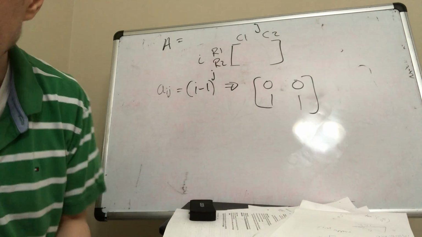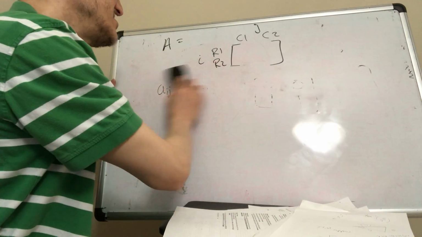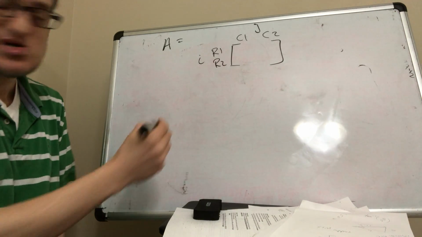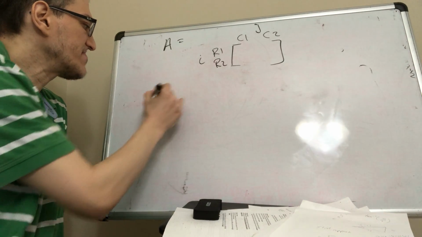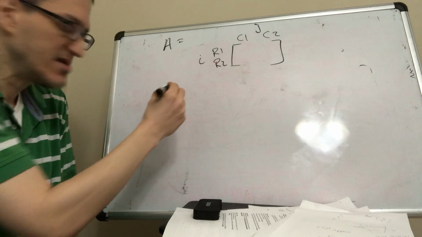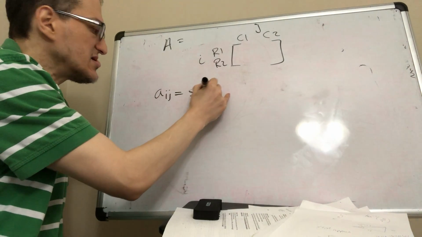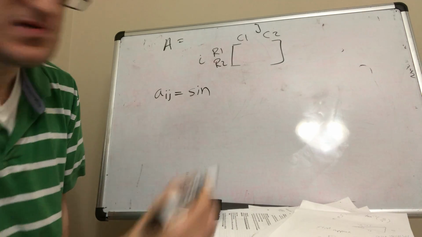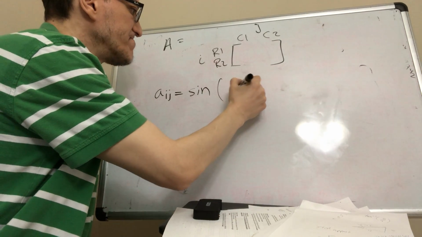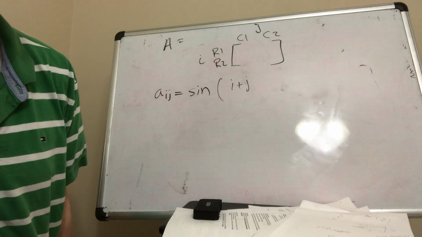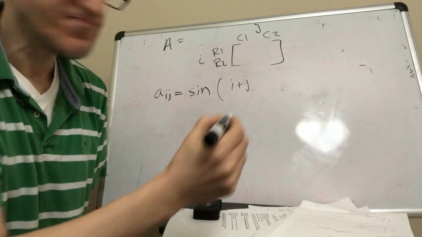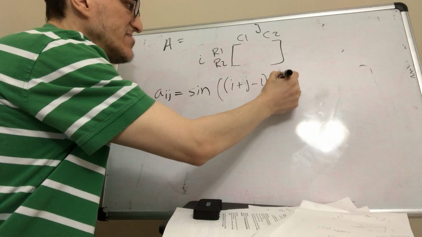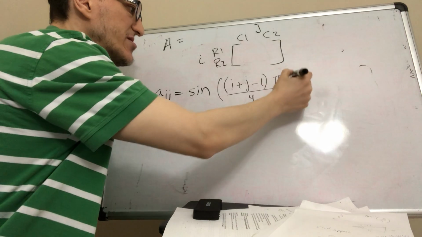Now the most complicated one was maybe D, when Aij was the sine of (I plus j minus 1) times pi over 4.